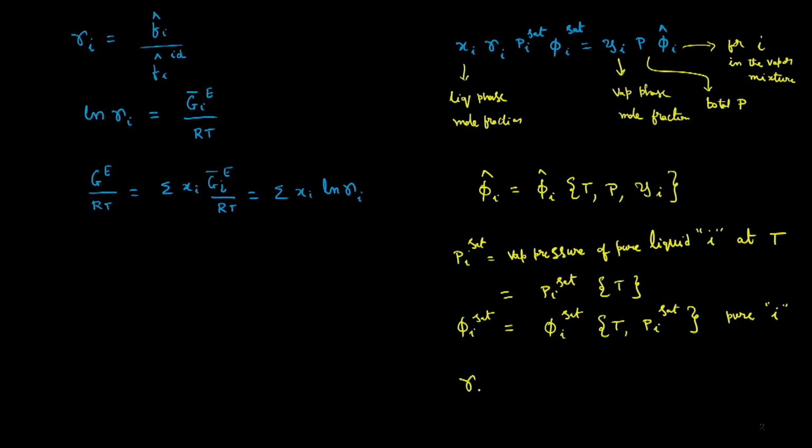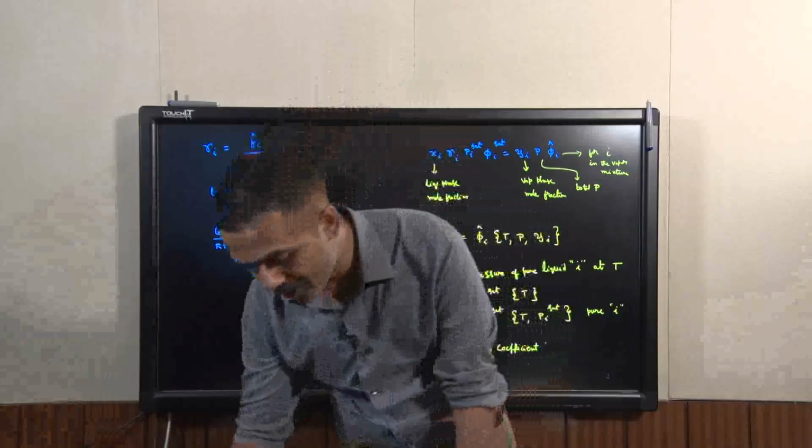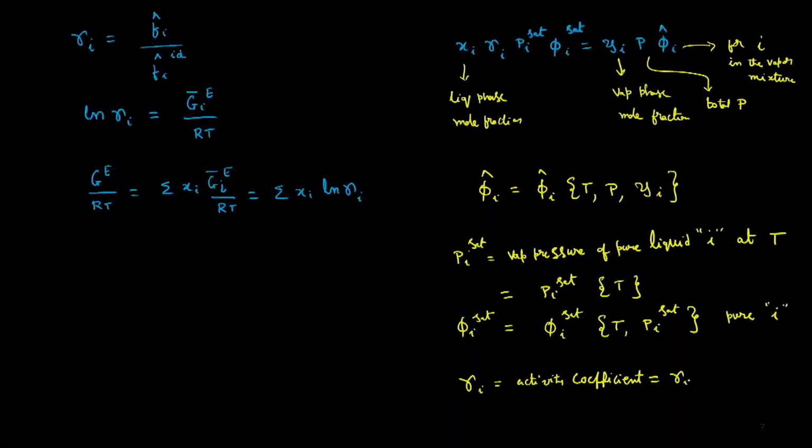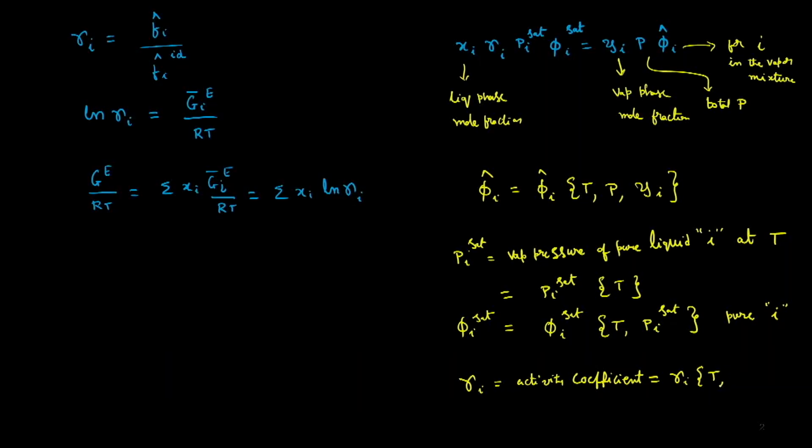And gamma_i is the activity coefficient, as in case of all other thermodynamic properties. This activity coefficient, because it is related to partial molar Gibbs free energy, in the strict sense will be a function of the temperature, the pressure, as well as the liquid phase composition x.